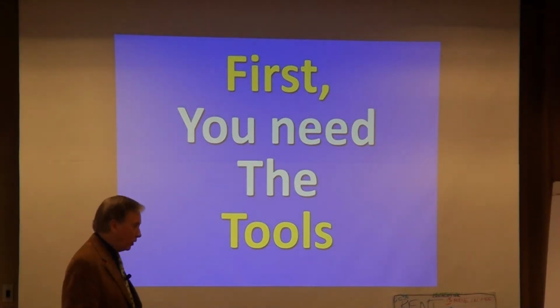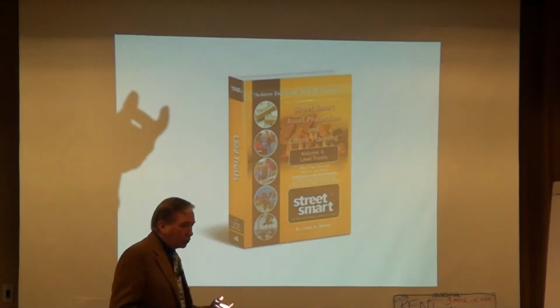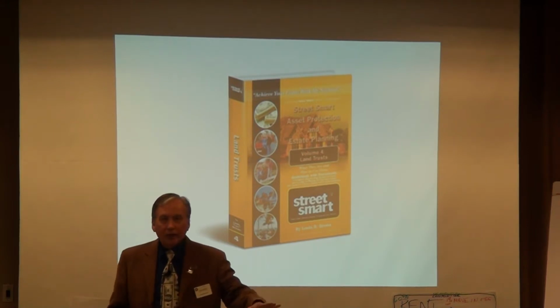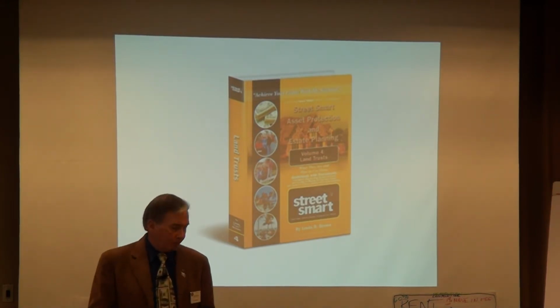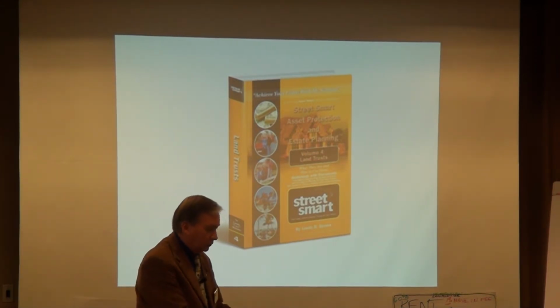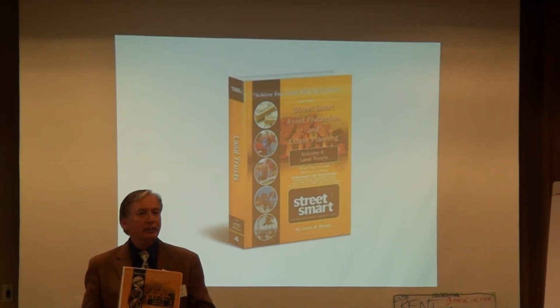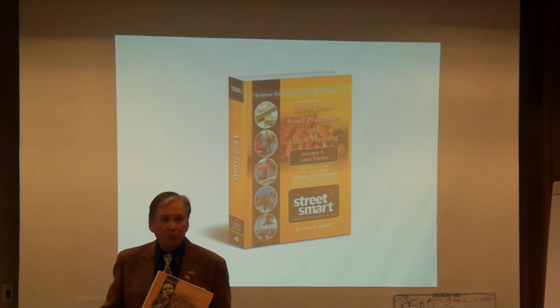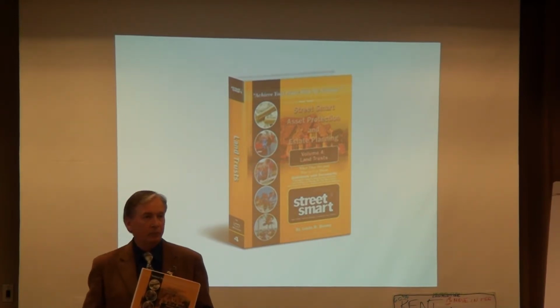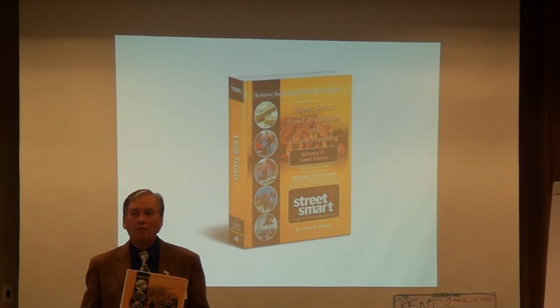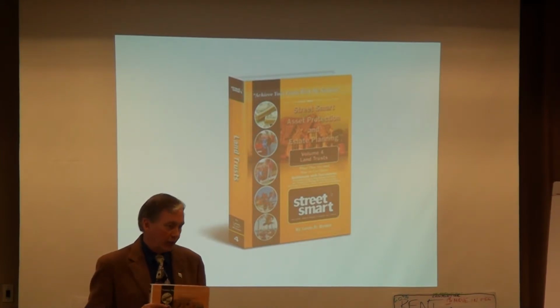Okay. So the tools are your land trust and your personal property trust. Now, I call them guidebooks. This is literally a guidebook, and it's designed to guide you through the entire process of setting things up, the entire process of filling out the forms and creating the trust.